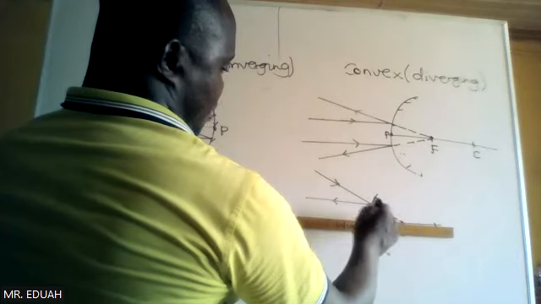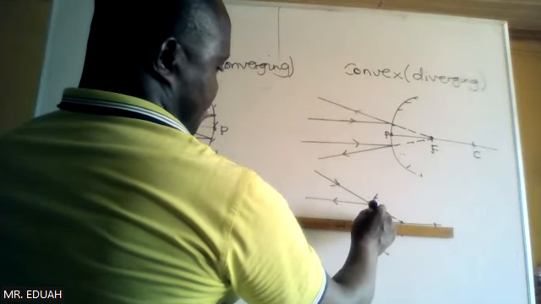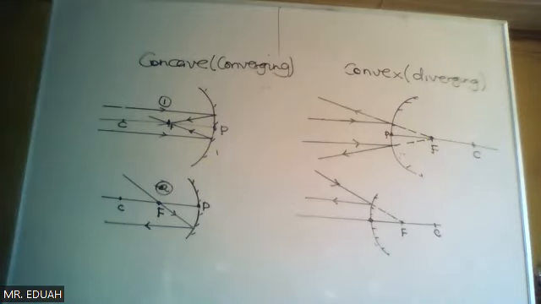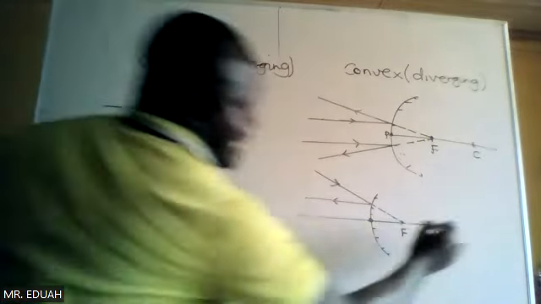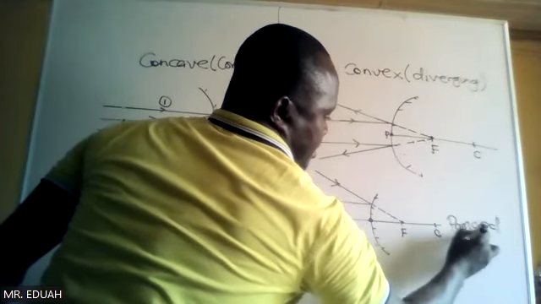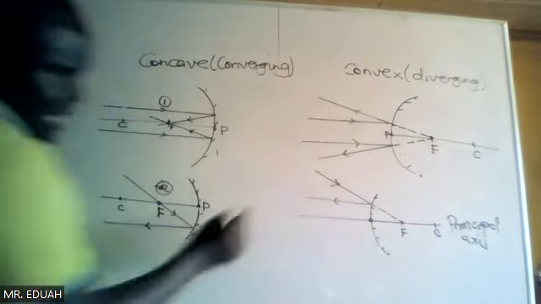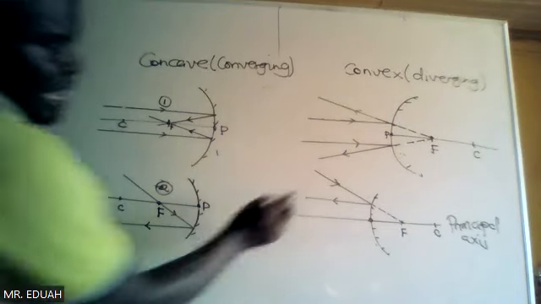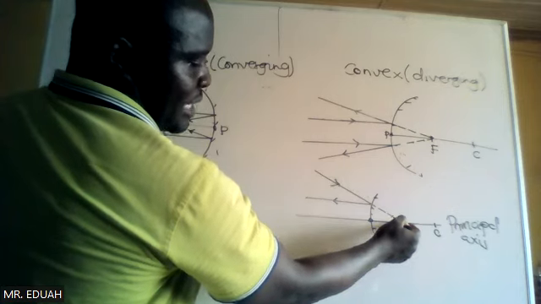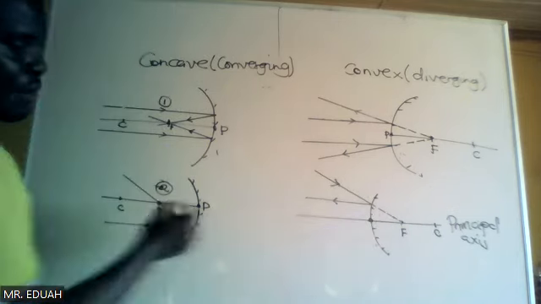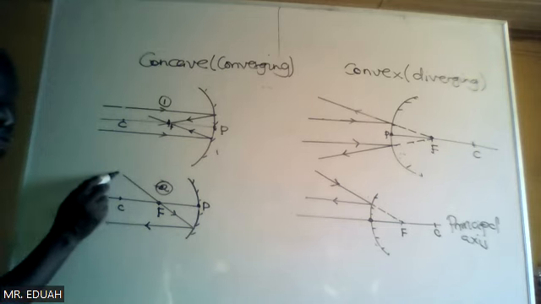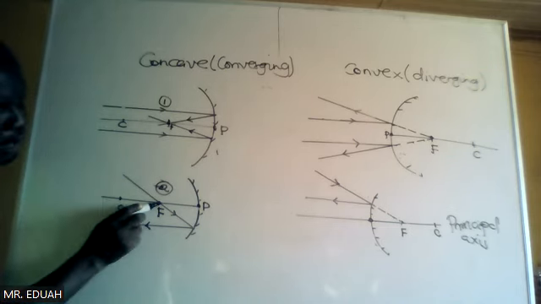But usually for a convex mirror, it starts from P. Okay, so this is the line we are calling the principal axis. Now, if the ray is coming from somewhere and appears to be passing through the principal focus, then after reflection it has to be parallel to the principal axis. Just as this one too. A ray of light passing through the principal focus.